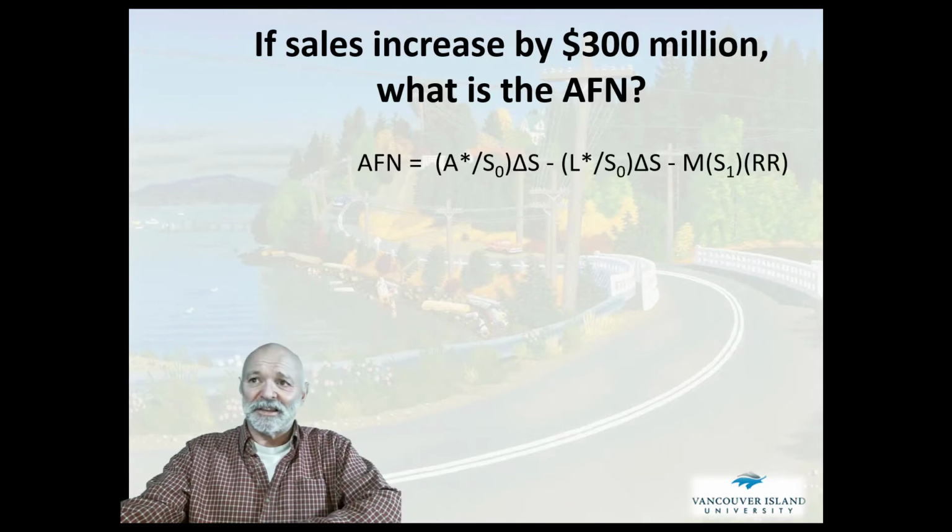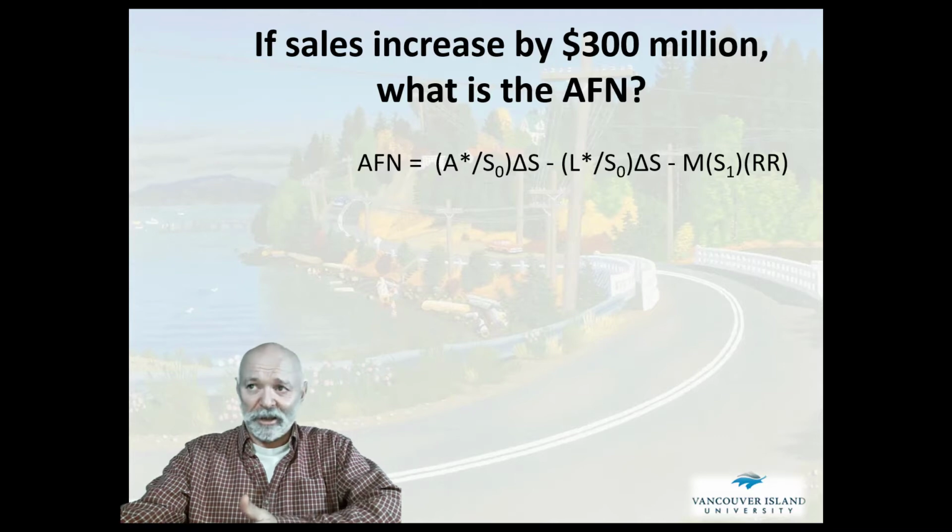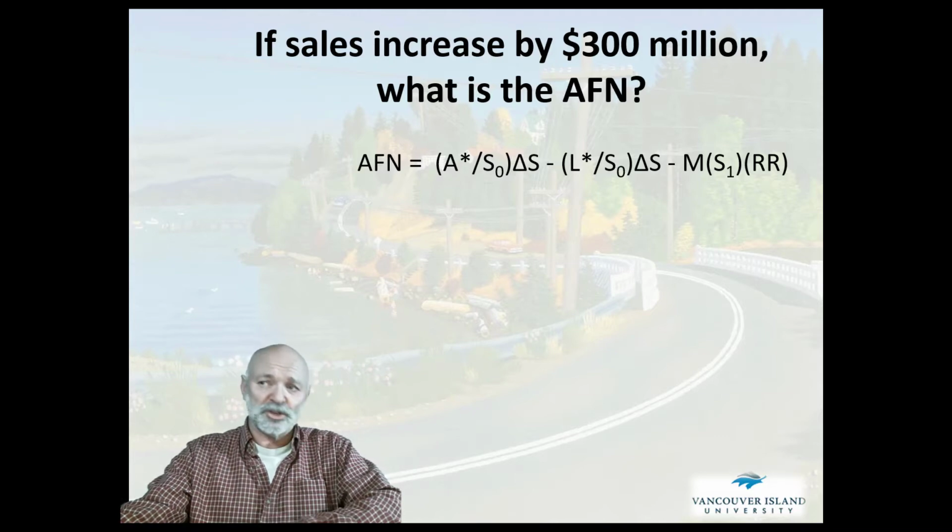essentially says that the additional fund requirement depends on the capital intensity times the change in sales, minus the liabilities divided by sales times the change in sales, minus the profit margin in the forecast year S sub 1 times the retention ratio.